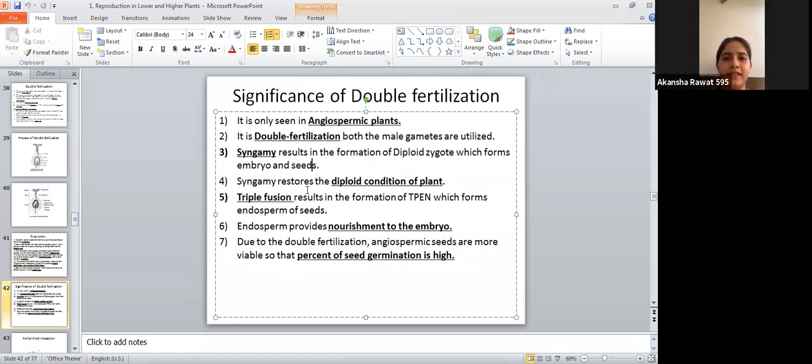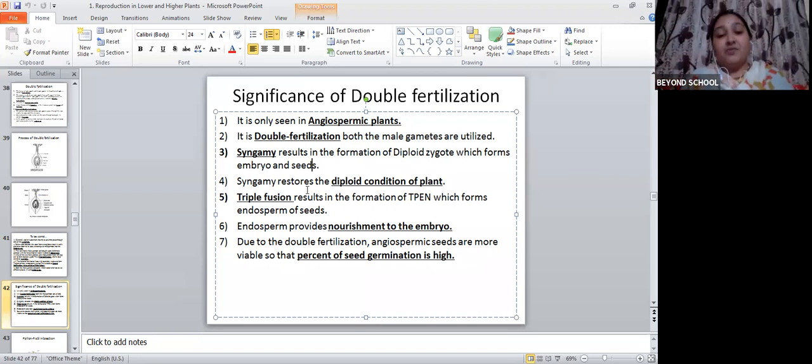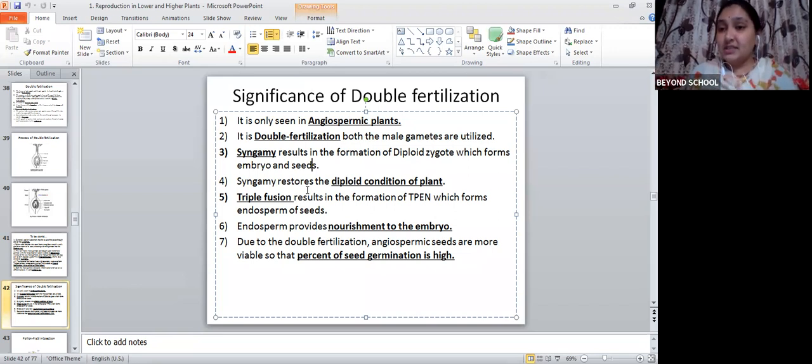This endosperm always gives nourishment to the embryo. Due to double fertilization, angiospermic seeds are more viable. They have a longer lifespan and proper conditions, and therefore the percentage of seed germination is very fast and high.